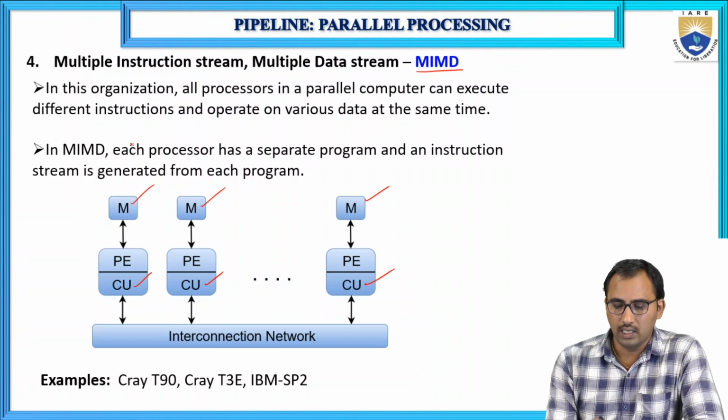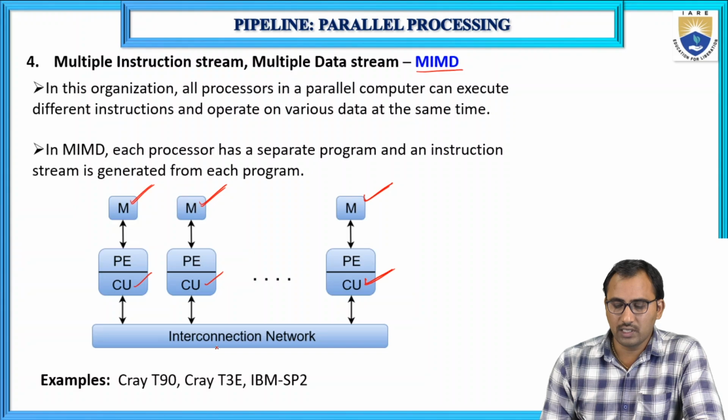Okay. So in this organization, all processors in a parallel computer can execute different instructions and operate on various data at the same time. So see here, every processor is associated with a corresponding memory.